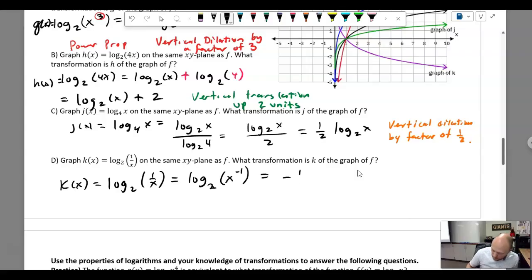And then that negative 1 I can go ahead and bring out front. So negative log base 2 of x, and there you go. And this is a vertical reflection across the x-axis.